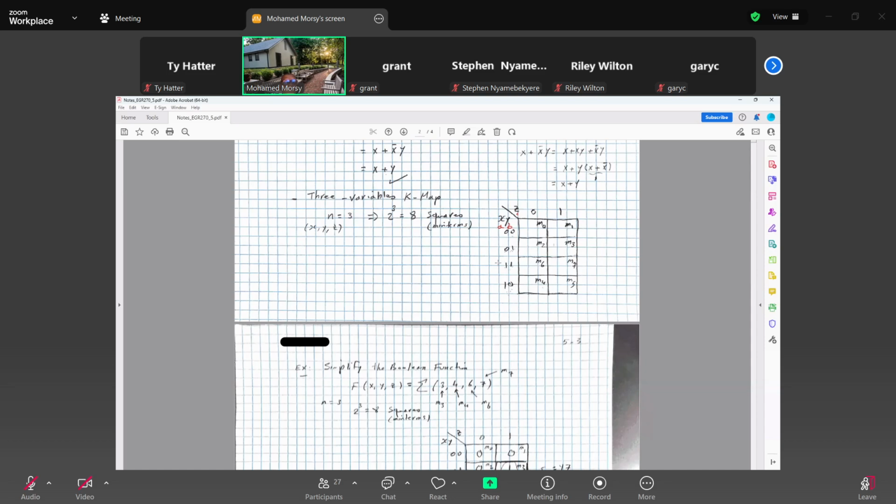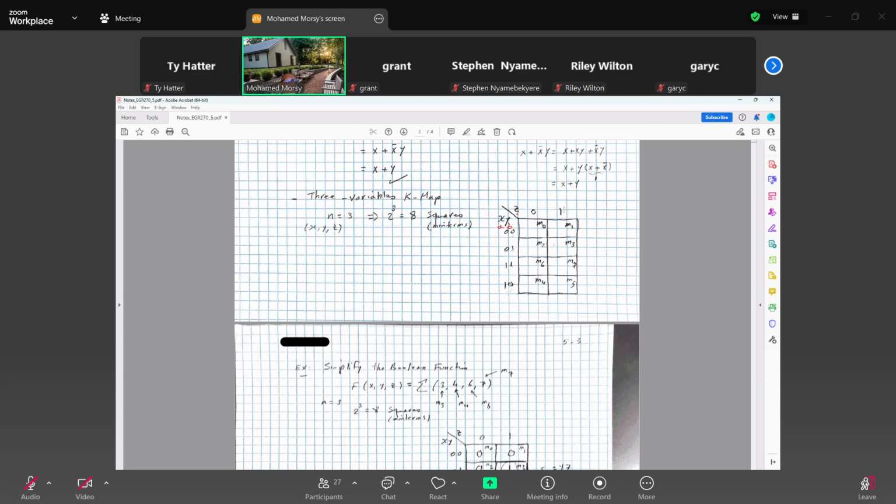One may say, oh, but here we have 0, 1, 3, and 2. Yeah, we jump here. So 0, 0, 0, 1, 1, 1, 1, 0. This is the way we arrange Karnaugh map if we have 3 variables.